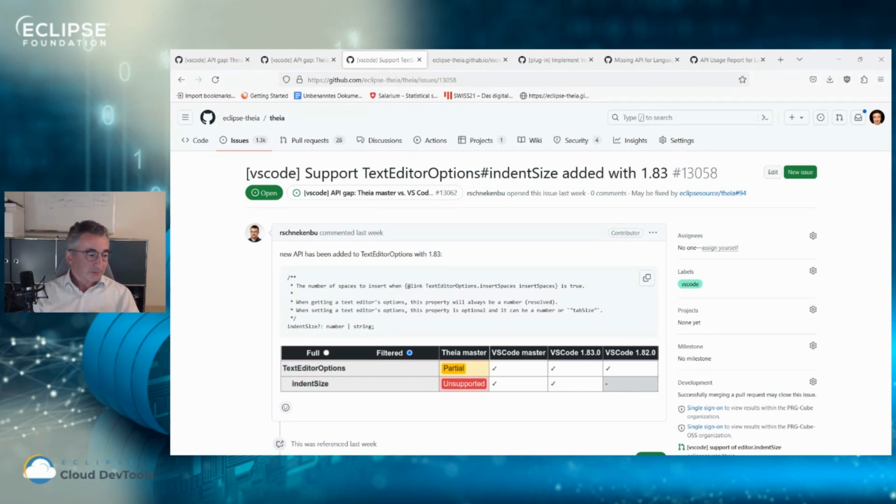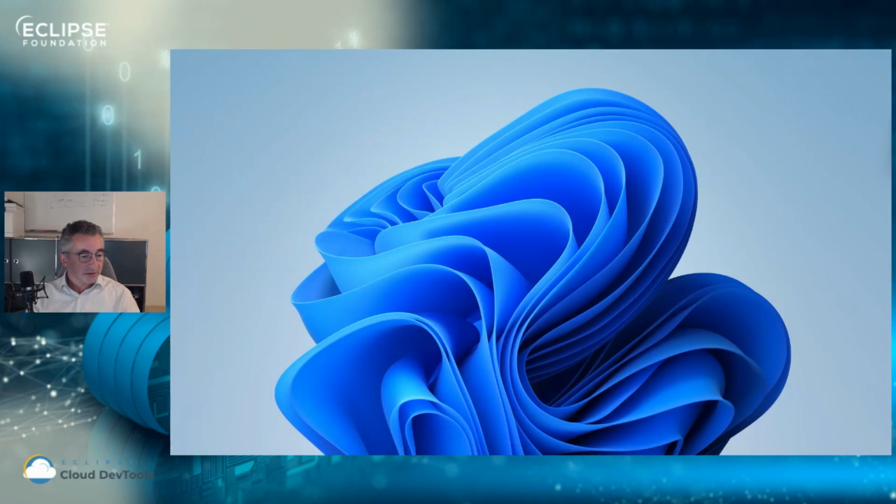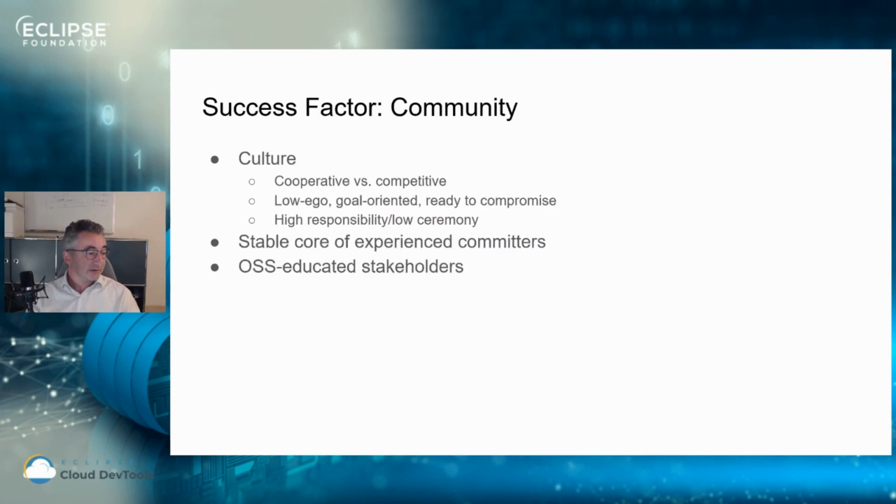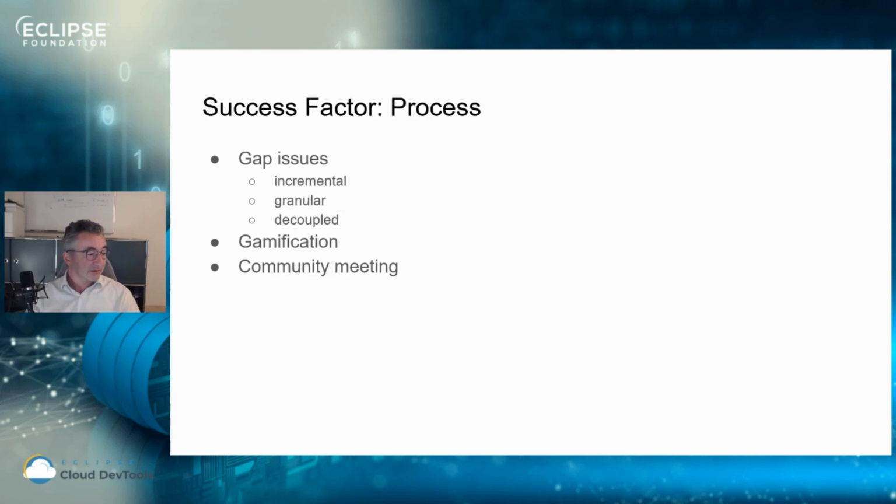And I think there's a couple of things, if I may go back to the presentation right here. Where is it? Yeah. And kind of back. Yeah, the process, I think I skipped over this, but this is actually a good slide. The process, and the gap issues are really good because first of all, they're incremental.